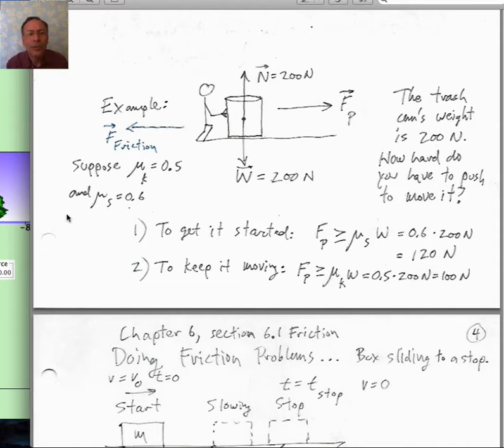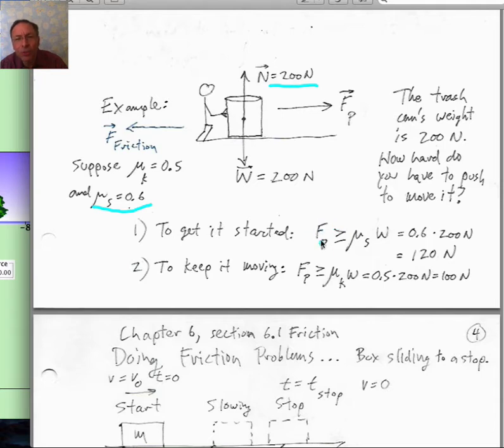Okay, so you need to know some things. You need to know the static friction coefficient, and you need to know the normal force, right? The normal force is going to be equal to the weight. In order to get it to start moving, you have to defeat the static friction.